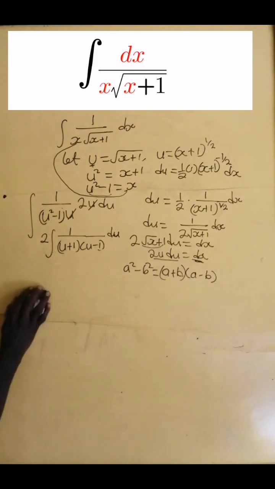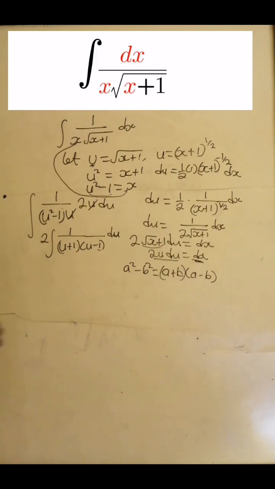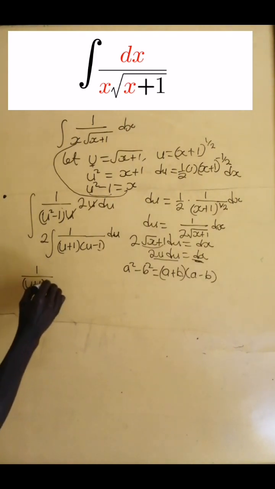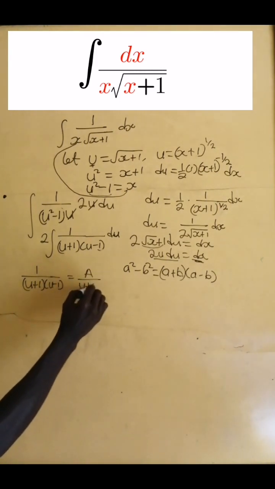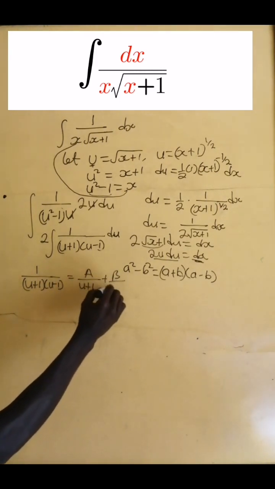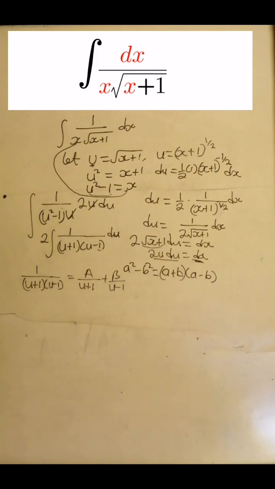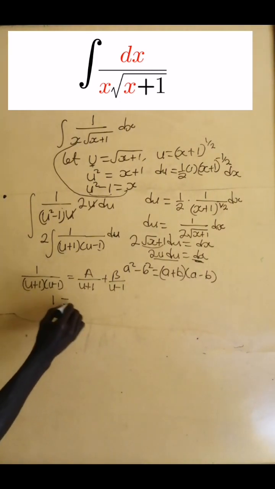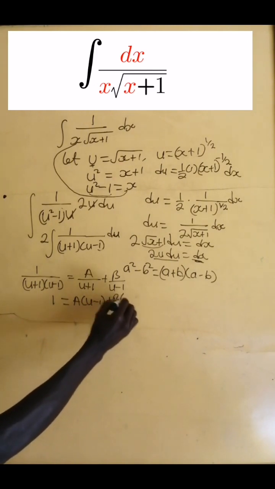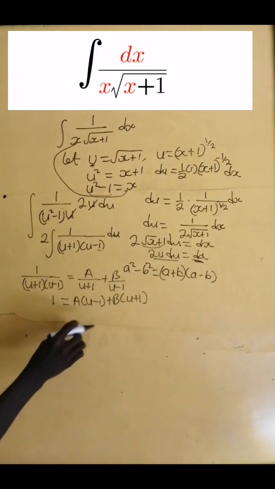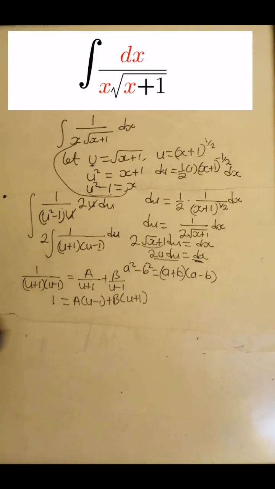Okay, we are going to use partial fractions here. So we are going to break 1 divided by (u plus 1) times (u minus 1) into partial fractions. So we have A divided by u plus 1 plus B divided by u minus 1, since the denominator has linear factors. This gives 1 equals A times (u minus 1) plus B times (u plus 1).